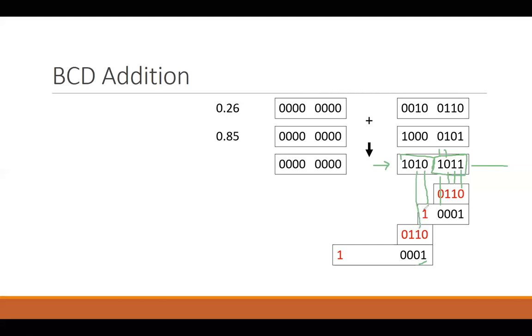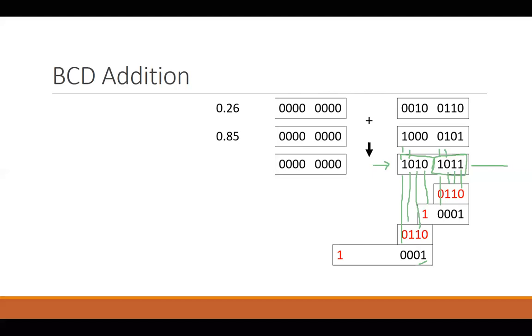So you have a 0 and 1 is carried forward here. This one and this one is again 0 and 1 is carried forward here. And this one and this one is again 2. So we are going to write a 0 and carry a 1 forward. Now you can see that this one has been forwarded to the next nibble.